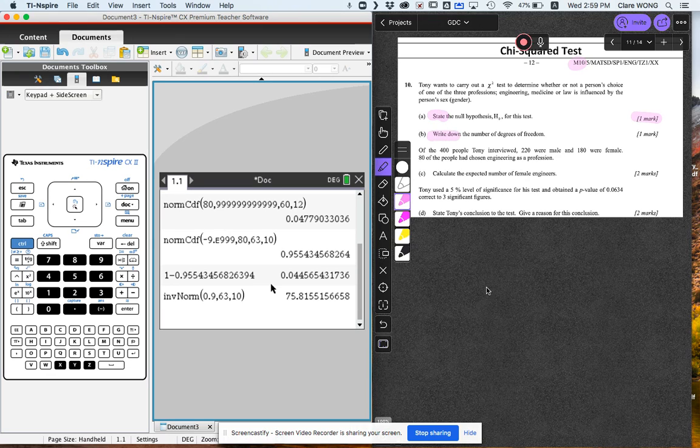Write down the number of degrees of freedom, 1 mark. Of the 400, calculate the expected number. This part could prove to be tricky because you're so used to just using the calculator to read it out. And then using the p-value to make a conclusion.